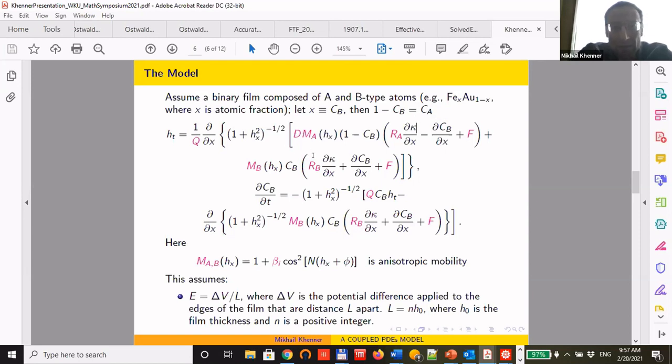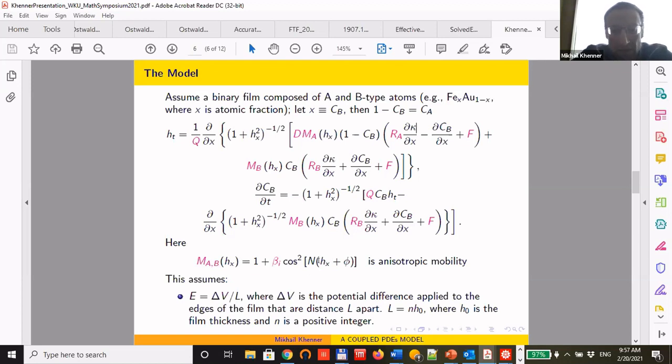Other parameters of note here, and all parameters here are positive except the electric field parameter, is this anisotropic mobility function, which is actually not a parameter, but a parameter function, so to speak.